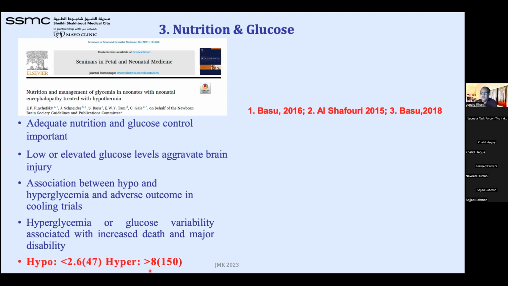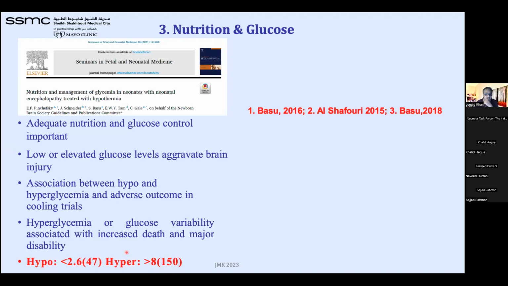More than 8 millimole, around 150 milligram per deciliter, is hyperglycemia. There is an association between hypo- and hyperglycemia and adverse outcome in cooling, as also glucose variability.